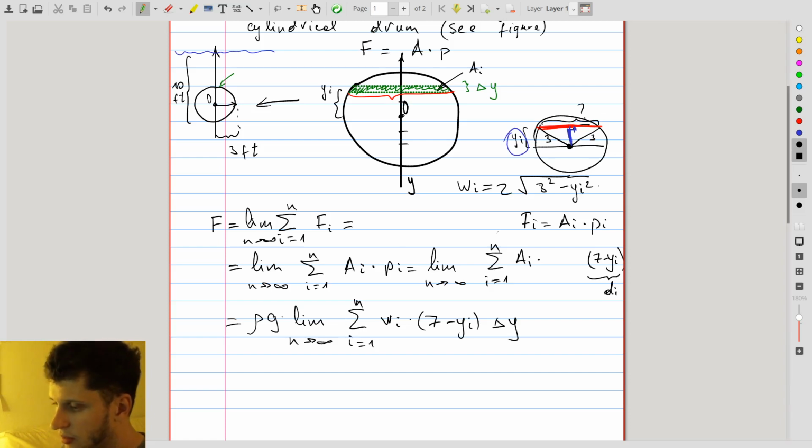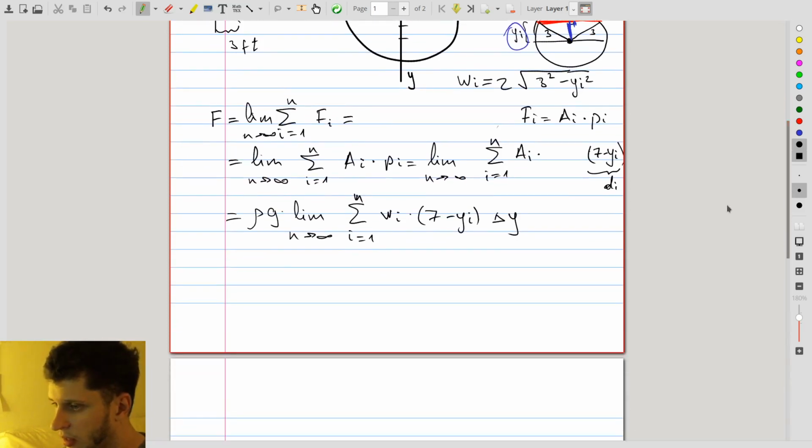All right. And so this is the expression for wi I obtain, and finally I'm ready to set up the integral. Here's what I have. In place of wi, I write 2 times the square root of 9 minus yi squared. And I have to multiply by 7 minus yi times delta y.